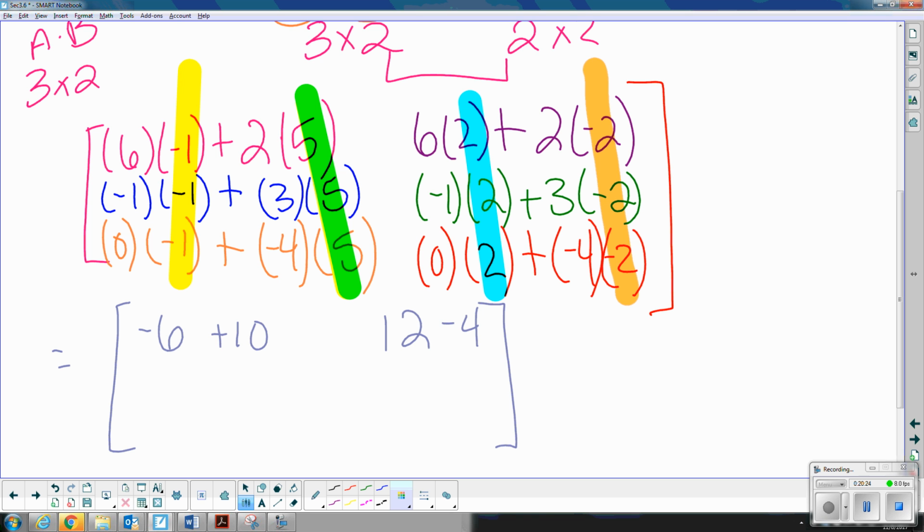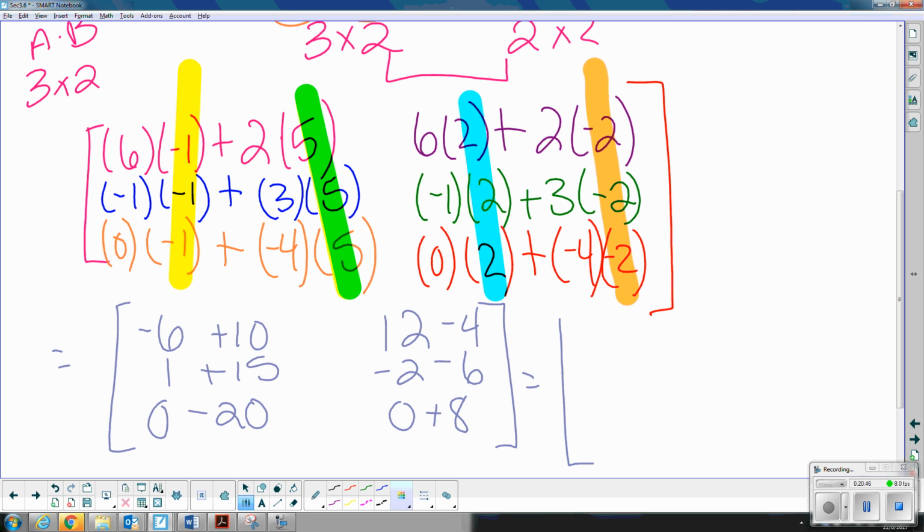Second row is 1 plus 15 and -2 minus 6. And then our last row, 0 minus 20 and 0 plus 8.